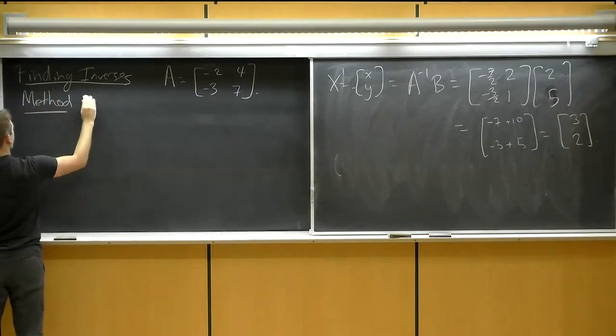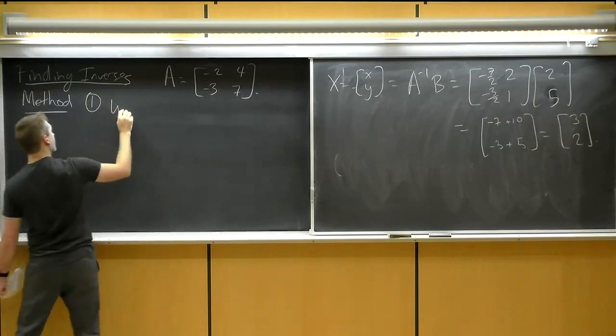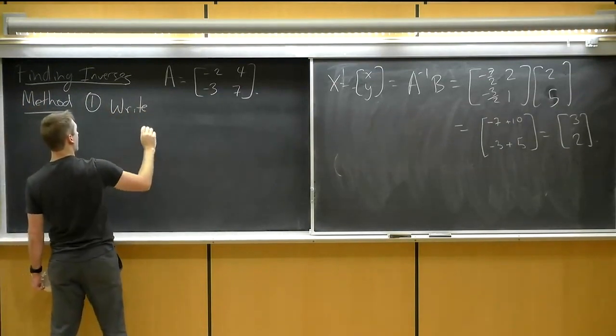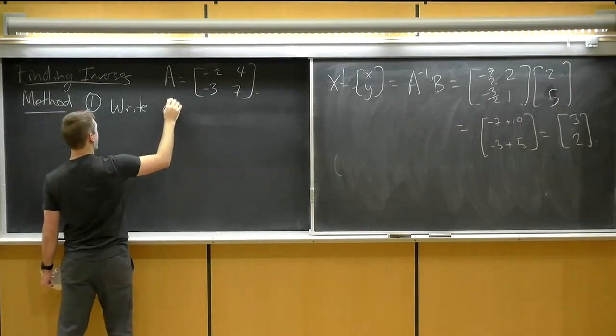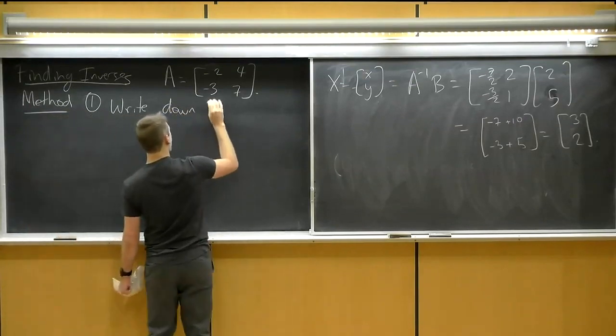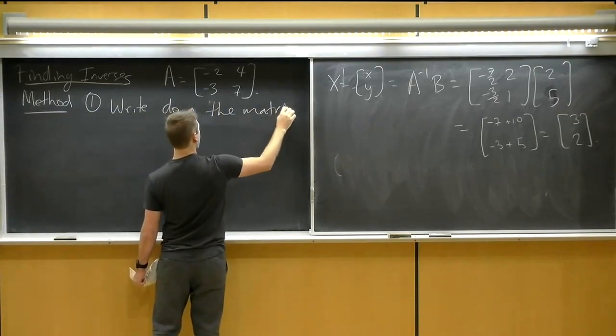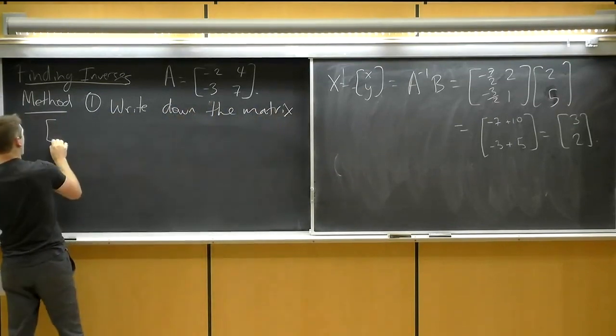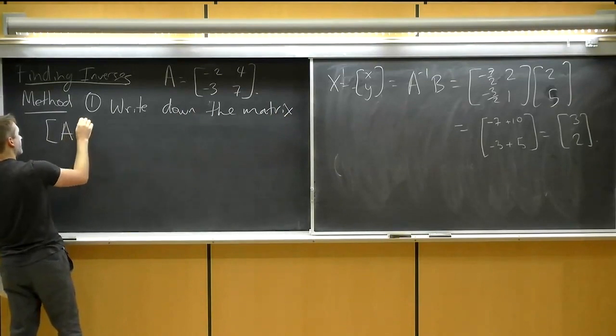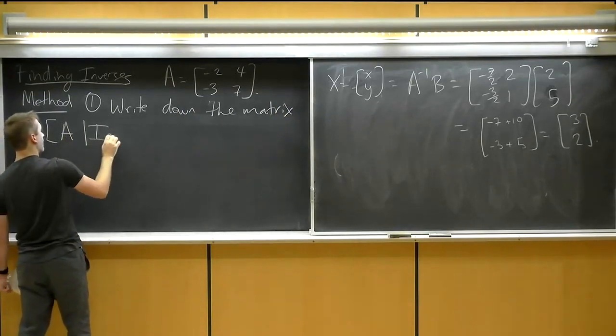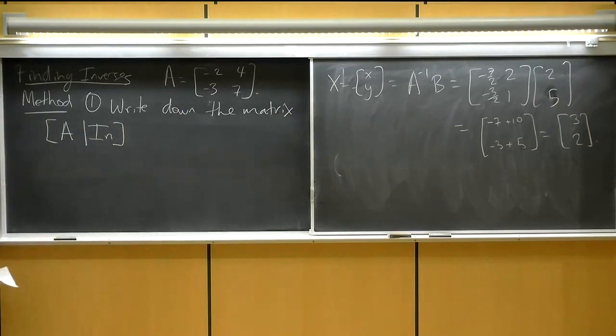The first step is to write down a matrix where I put A on this side and the identity on the other side.